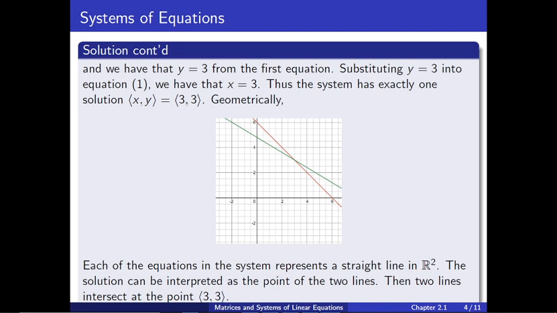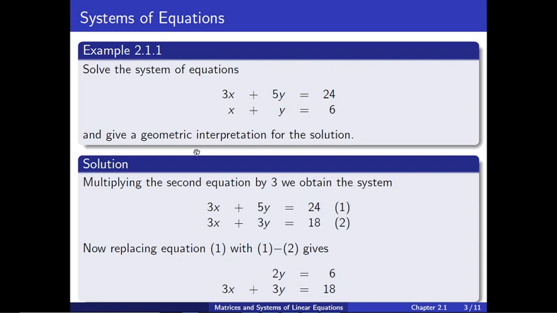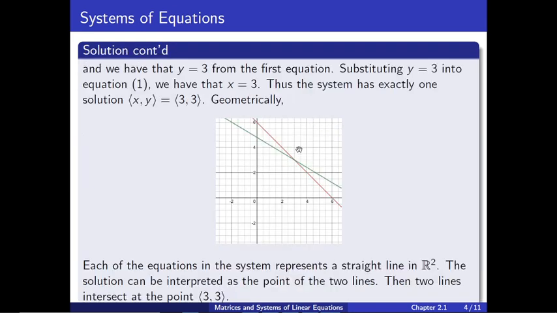And so if we think of it geometrically, if you look at these two equations in our system, the first equation represents a line, and the second equation also represents a line. So the first equation will be that one, and the red one will be the second equation.